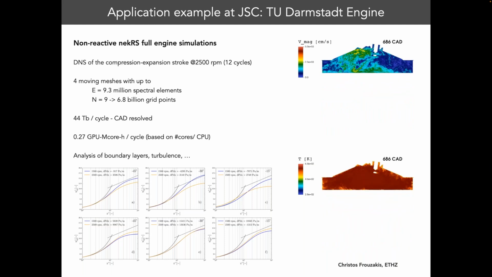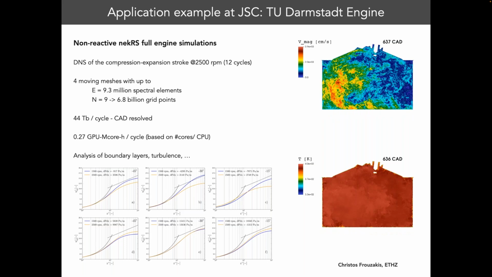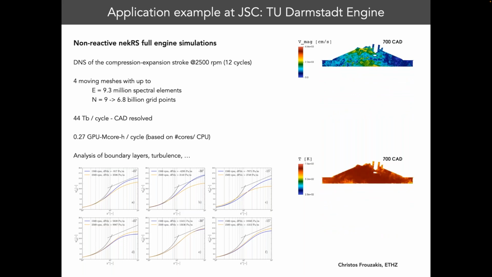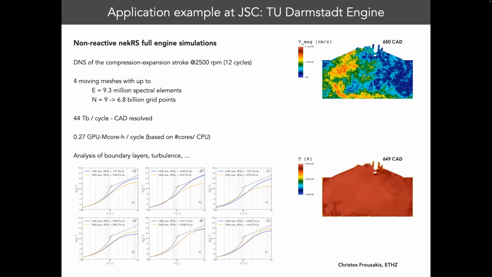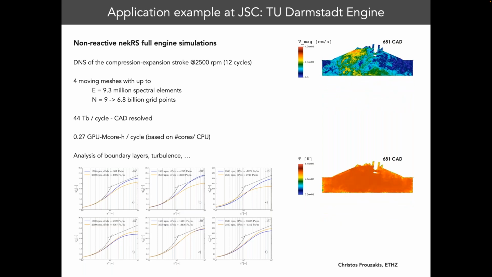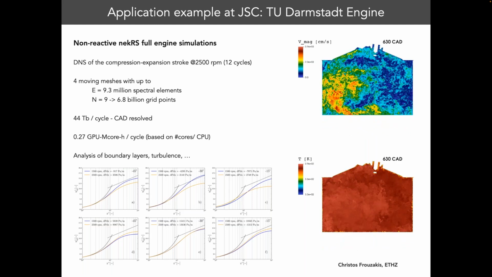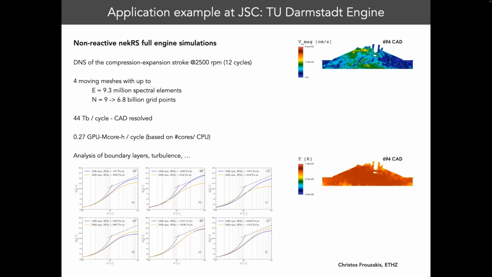And here you have to know that we compute the GPU core hours a little bit strangely, because we compute them based on the number of cores on the host CPUs of these GPUs. So basically, each node on our booster has 48 cores on the CPU side, and each of these nodes has 4 A100 cards, and if you do the math, you end up with 0.27 million core hours.